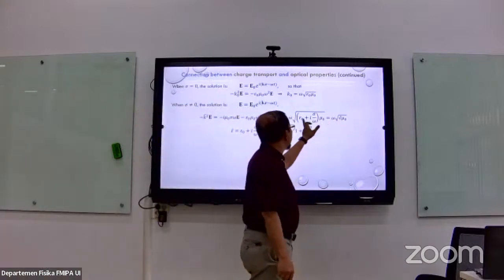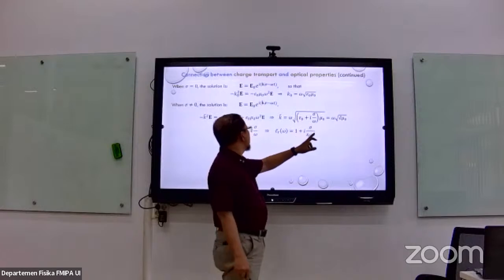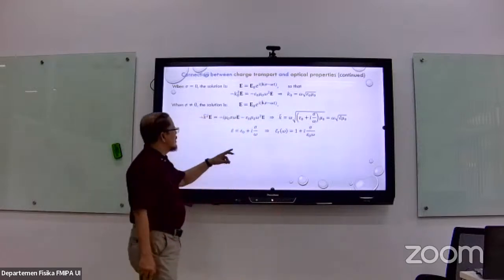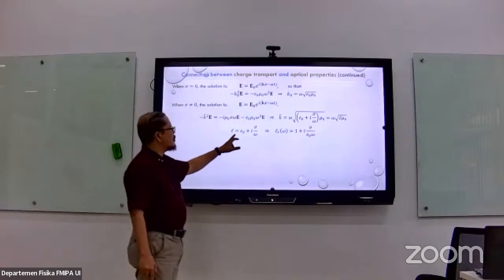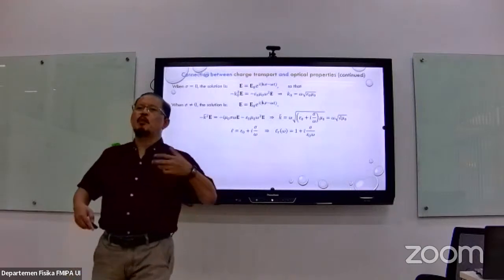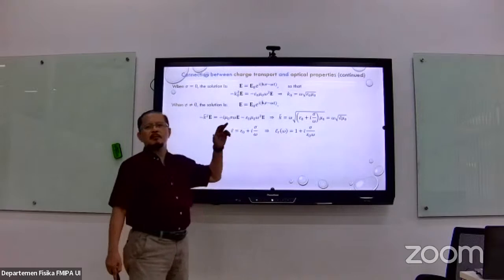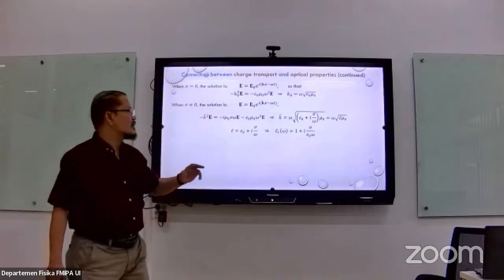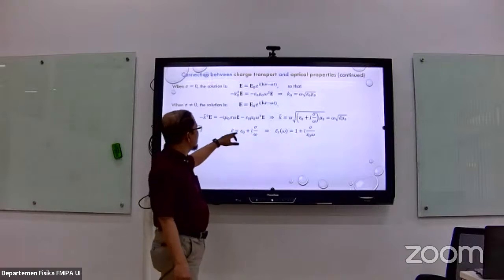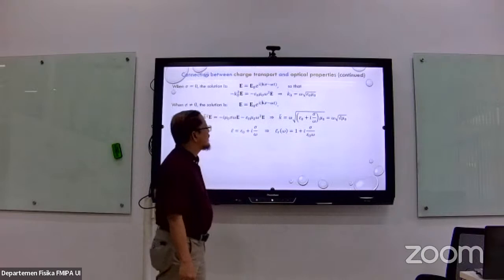As we can extract from here. So since this is a complex number, epsilon tilde becomes a complex number. And again, we are interested in exploring not the permittivity itself, but the relative permittivity. So we need to divide this by epsilon naught itself. So dividing this by epsilon naught, this is right.